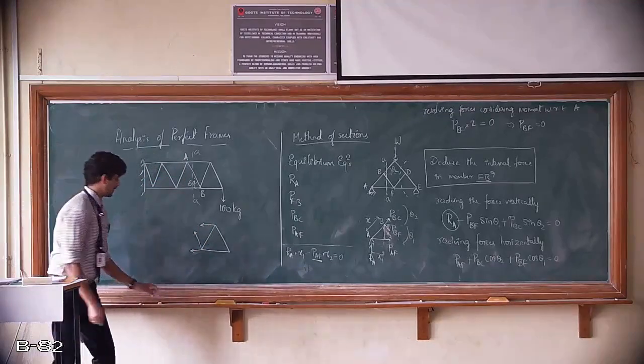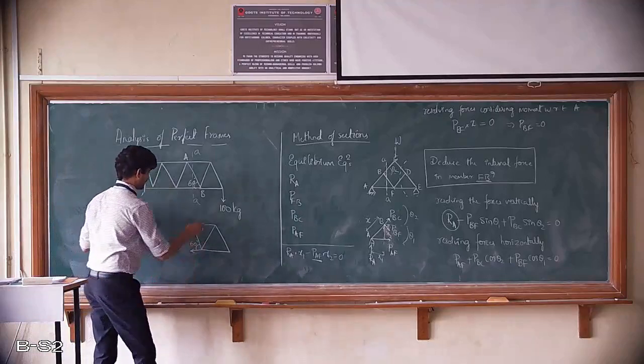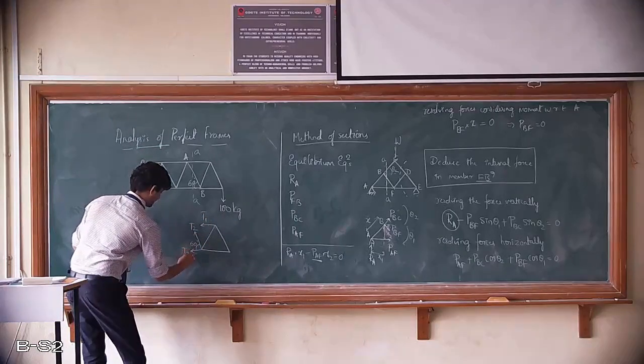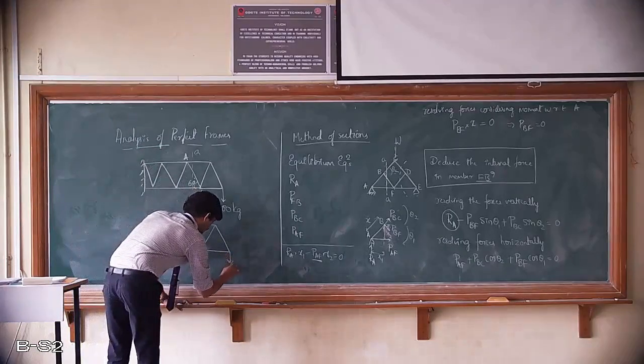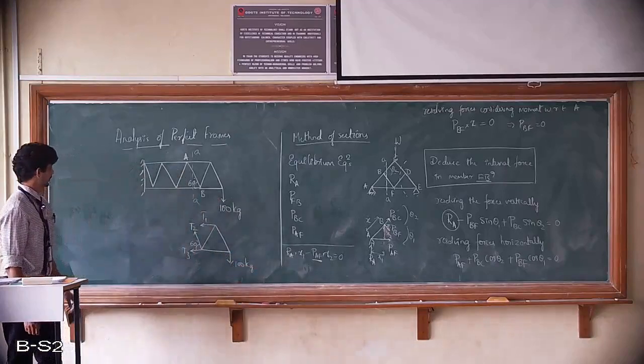Correct? Now this angle they have given to be 60 degree. Let us define these things. Let us call this one to be T1, this one to be T2, this one to be T3, and there is one external load here which is 100 kg. Right?